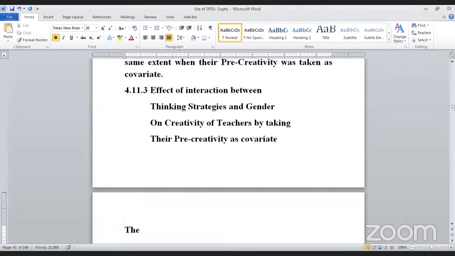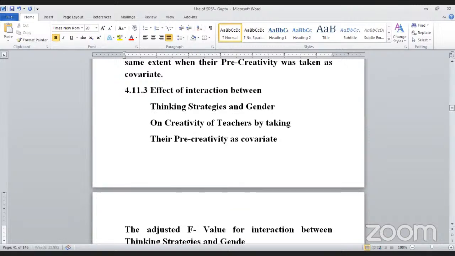Now, the adjusted F value for interaction between thinking strategies and gender is 0.02, which is not significant.